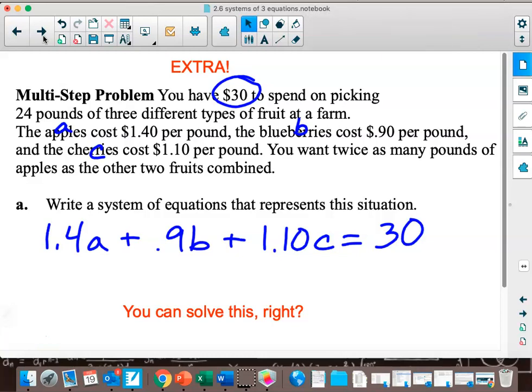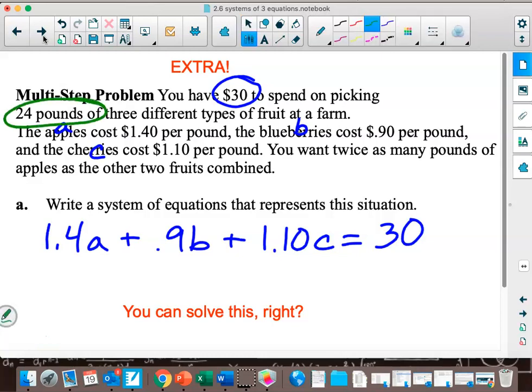The next total I'm given is pounds. How many pounds of apples am I buying? Don't overcomplicate, it's really easy. You're right, it's A. How many pounds of blueberries am I buying? B. How many pounds of cherries am I buying?